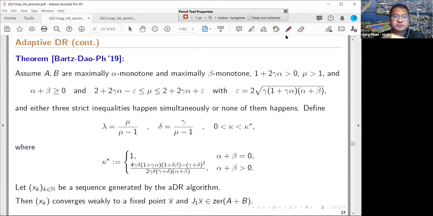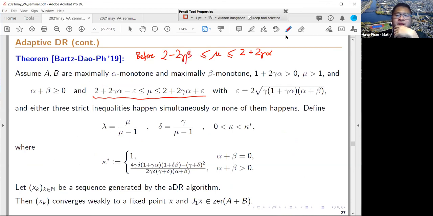So based on these two results, we developed the result for maximally alpha monotone and maximally beta monotone operators. And you can see here, the range is a bit different from what we saw before. Before, mu is between 2 plus 2 gamma alpha and no less than 2 minus 2 gamma beta.